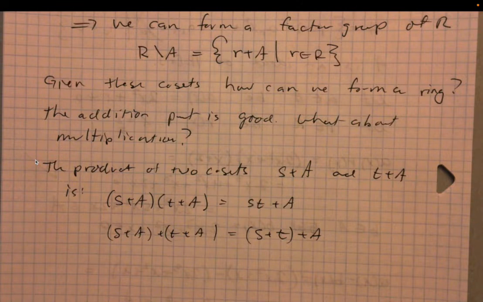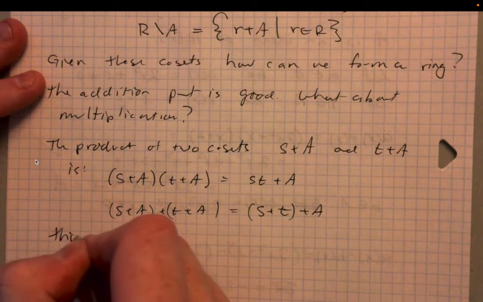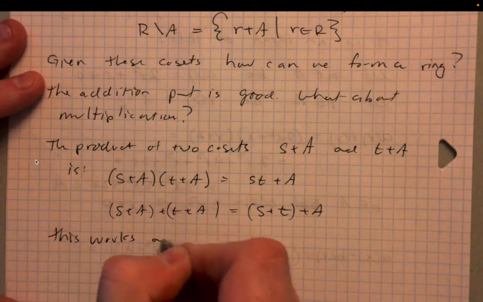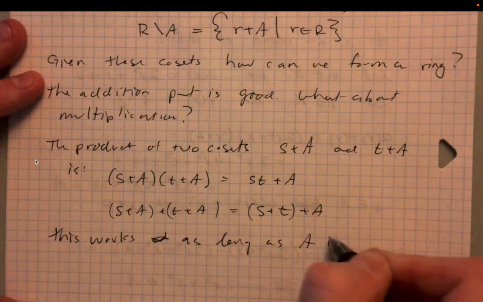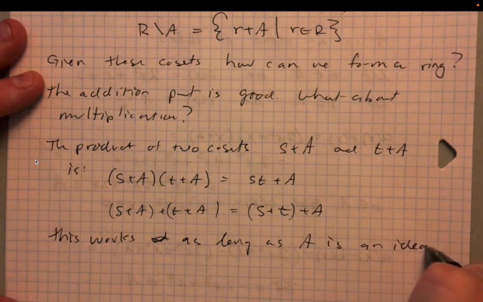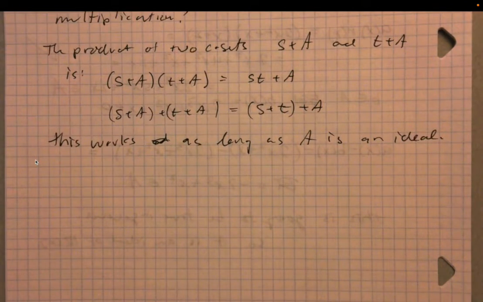This definition of the product of two cosets works as long as A is an ideal. If A is not an ideal, then this does not work.